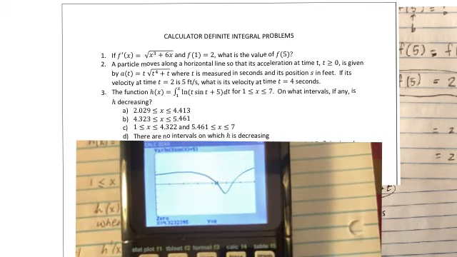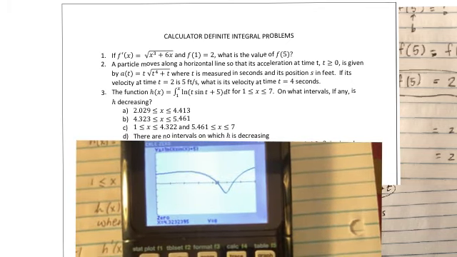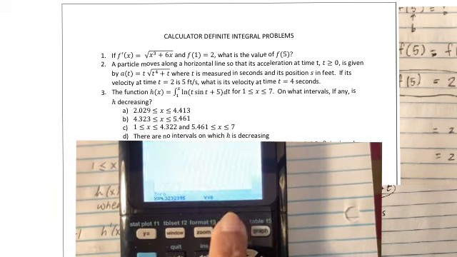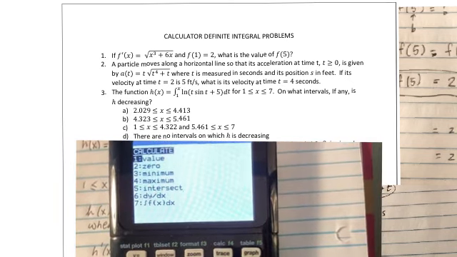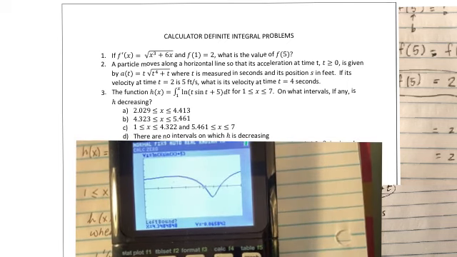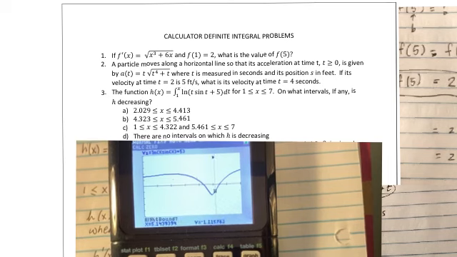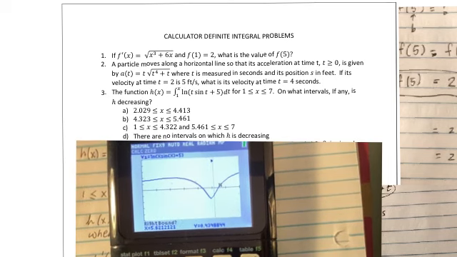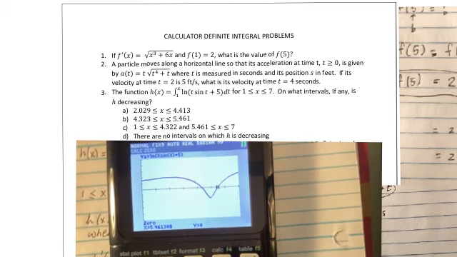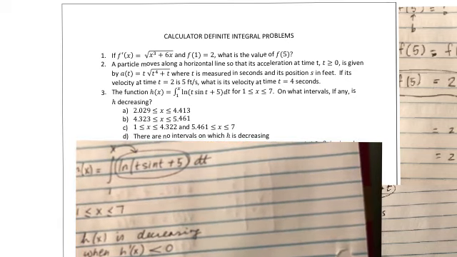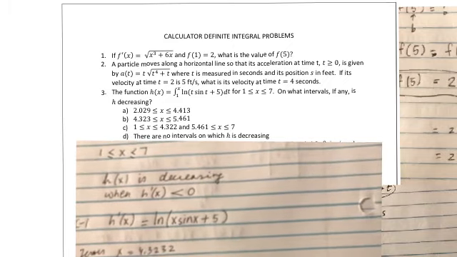So again, second trace, and then going to number 2, hitting enter, and then scoot over to the other one, right, for your left bound, and then scoot to the right bound, enter. There it is at 5.4613 is my second 0, right? So zero number 2 is at 5.4613.